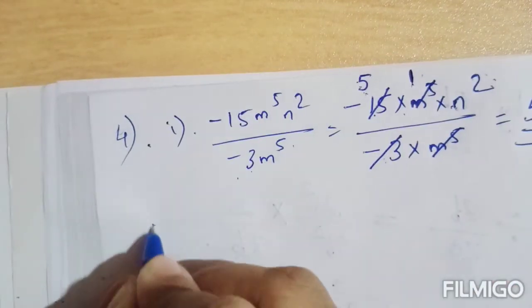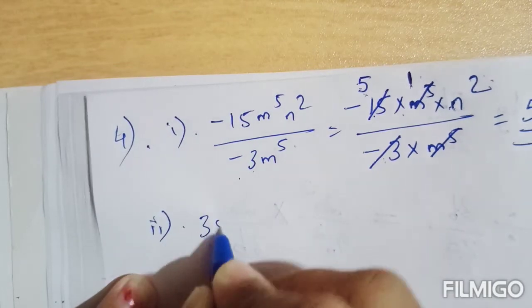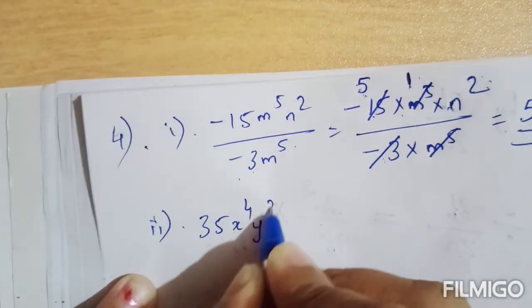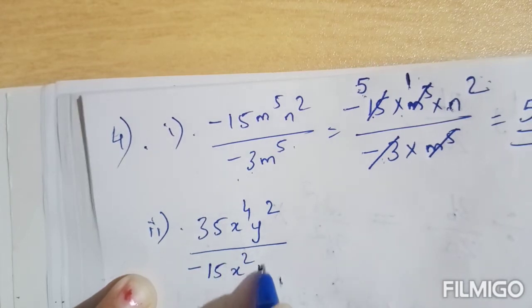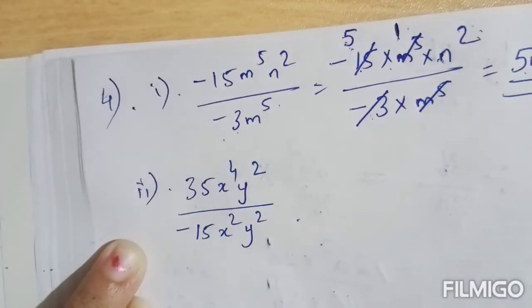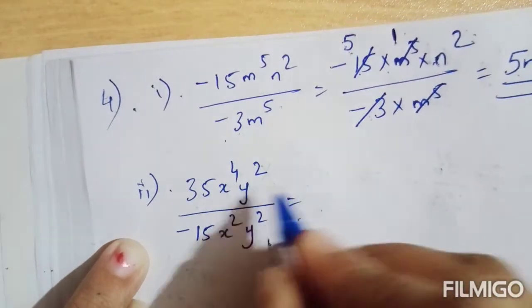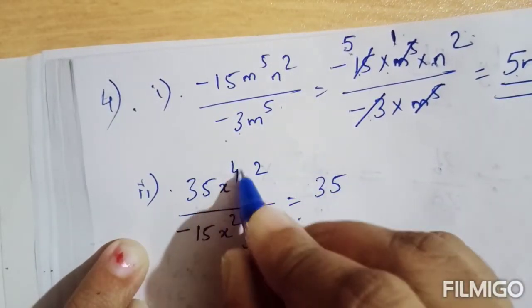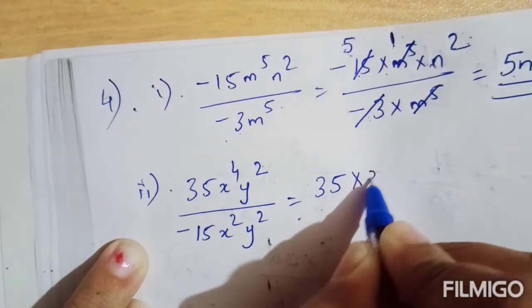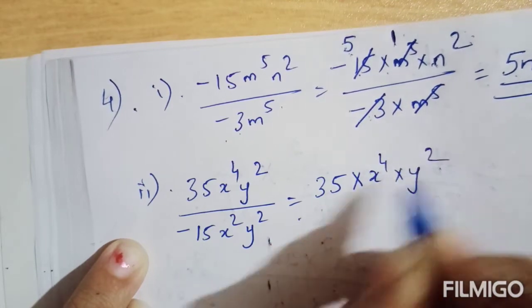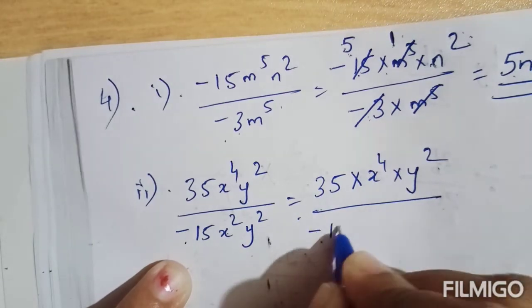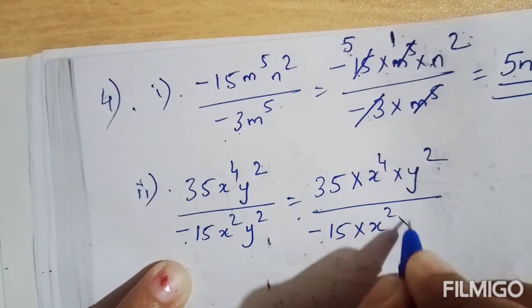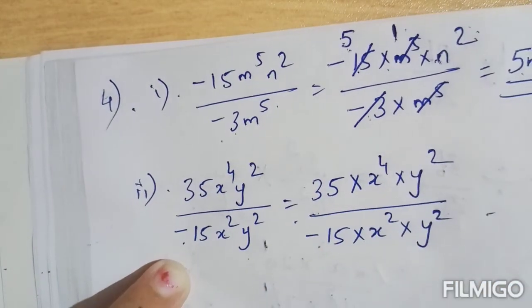Okay. In that, second one: 35x raised to 4 y raised to 2 by minus 15x raised to 2 y raised to 2. So here also you can write like this: 35x raised to 4 y square is 35 into x raised to 4 into y square, by minus 15x square y square, it is minus 15 into x square into y square.